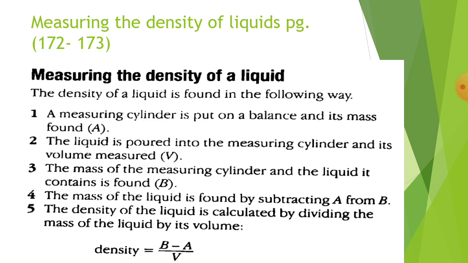If we have a liquid and we want to find out the density of this liquid, what can we do? First, the density of a liquid is found in the following way. A measuring cylinder is put on a balance and its mass is found, call it A. The liquid is poured into the measuring cylinder and its volume measured.